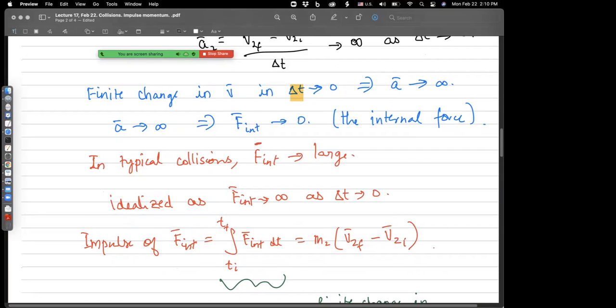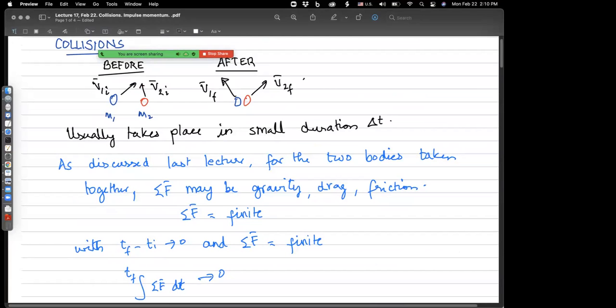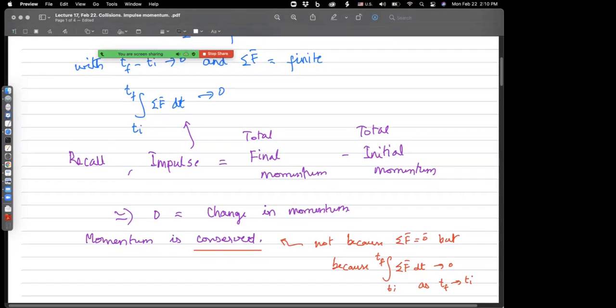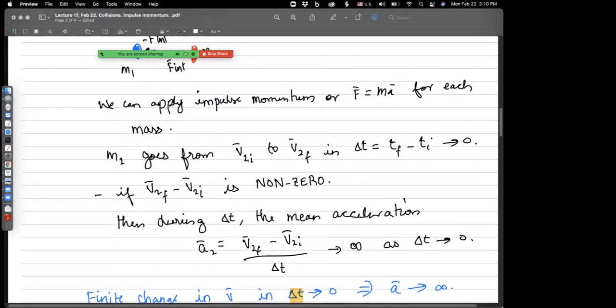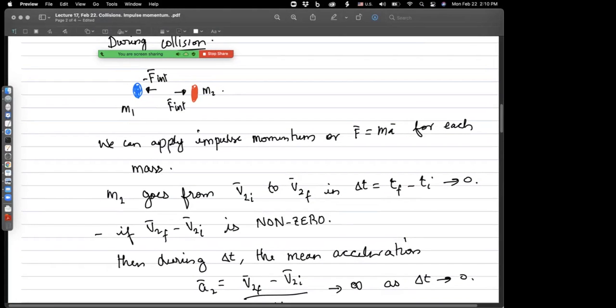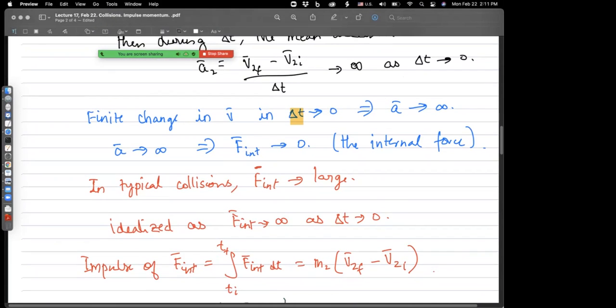So what we've done so far is to basically show the external forces, whatever they may be, have no impact, so to speak, no impulse, so have no effect on the momentum. And all the momentum change is accomplished by these internal forces, which are doing basically finite momentum change in infinitesimal time, having basically an infinite force.